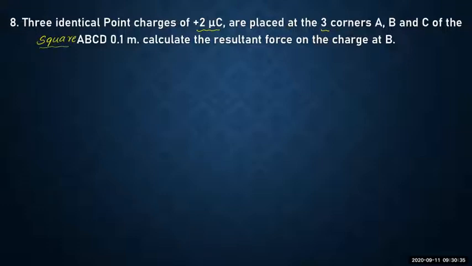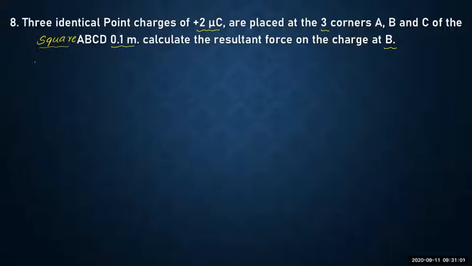Square ABCD of side 0.1 meter. Okay, calculate the resultant force on the charge at B. Right? So it is, see, the geometrical figure. In the previous problem, it was equilateral triangle. Now it is a square, right? So the concept is same.